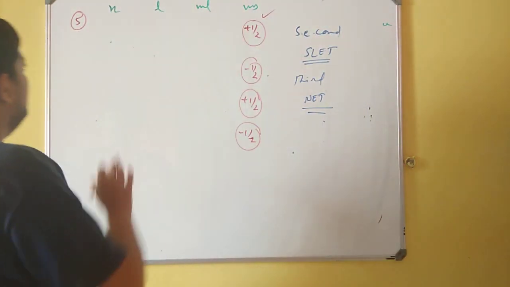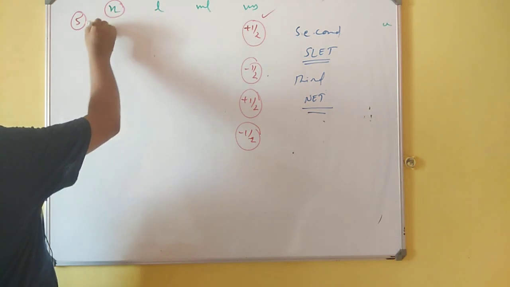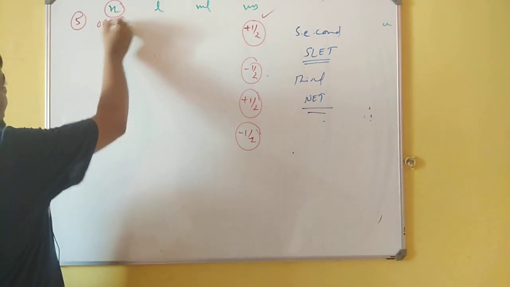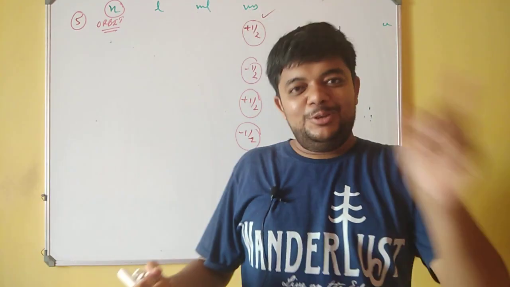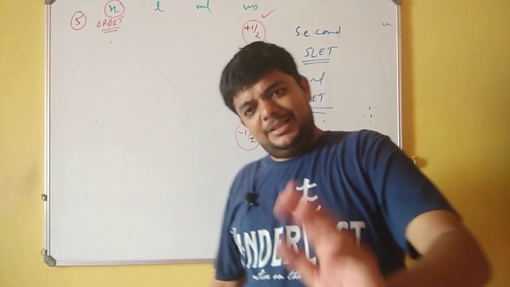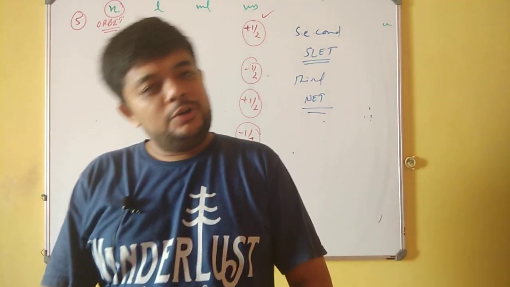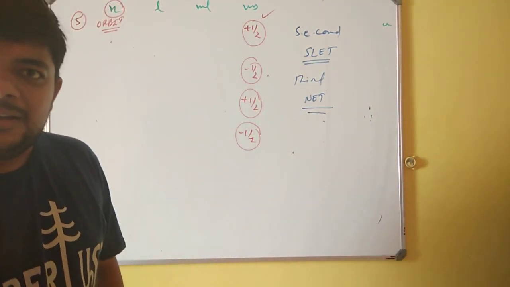Second thing, principal quantum number that determines the orbit. I had an email that, sir, why are you correlating N with an orbit? Let me answer it today. Nevertheless, I am going to record a separate thing.